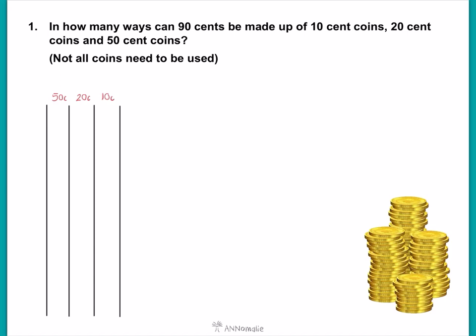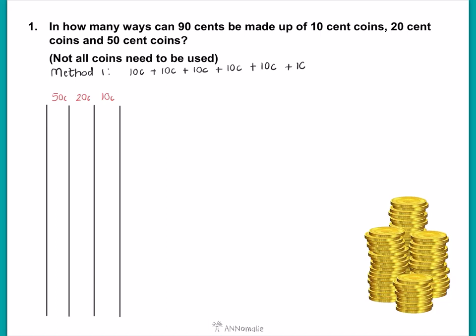Now in method 1, we could do it like this and say that 10 cents plus 10 cents 9 times makes 90 cents.